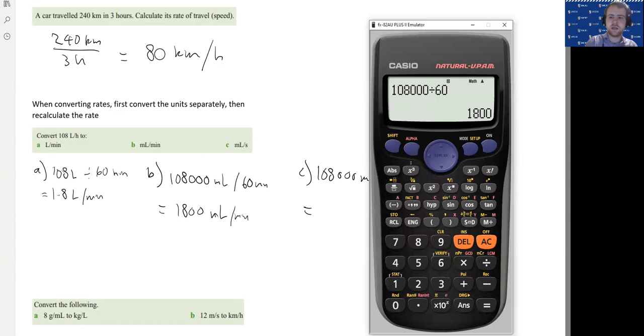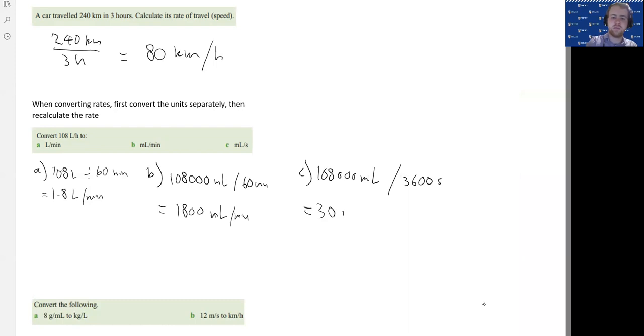So it's just 60 times 60, and we get 3,600. So let's just pop that in, and we get 30 milliliters per second. So you see how we've done that? We've just simply converted each of the units separately and then recalculated the rate, and voila, we get there.